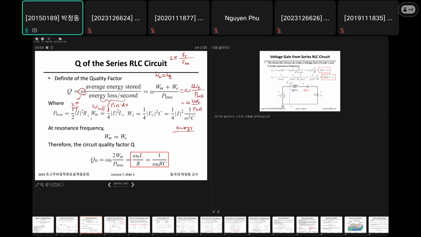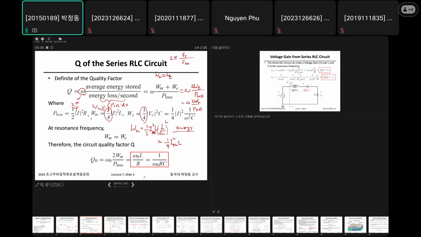So in this regard, let's express those in terms of R, L, C and I. Then Wm is given by I squared L. Here, if you choose the peak, then this becomes this, therefore it is 1/4 of I peak squared multiplied by L. That's why you get 1/4 over here.